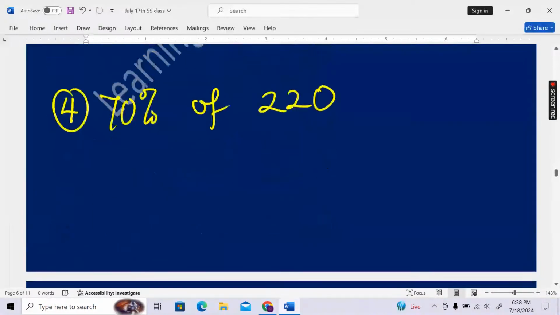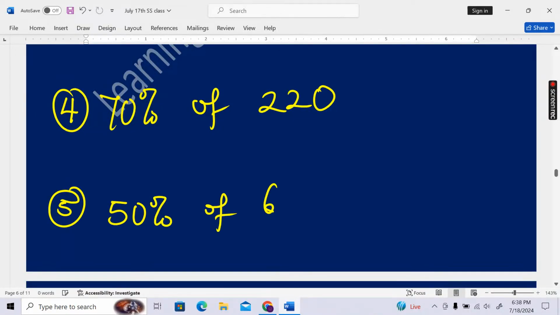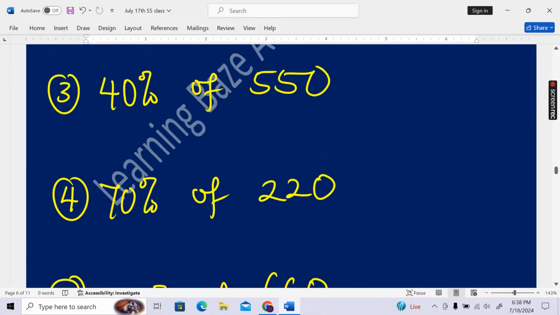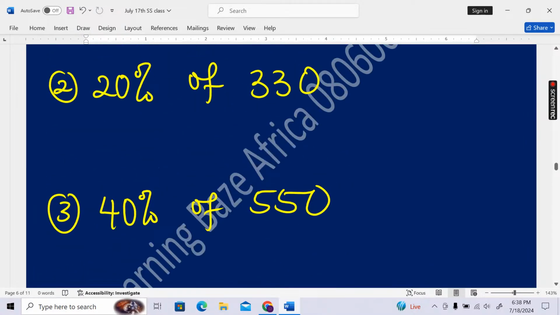So that's why we are dealing with such percentages. Now I'm going to add one more. Okay, then we also have 50% of 660. 660 is a multiple of 11.